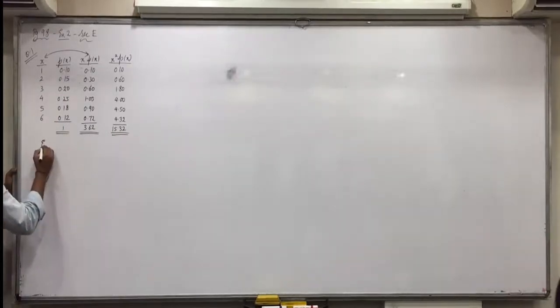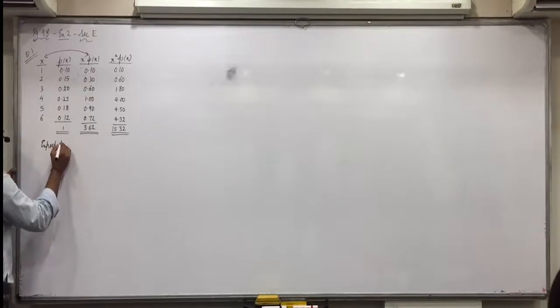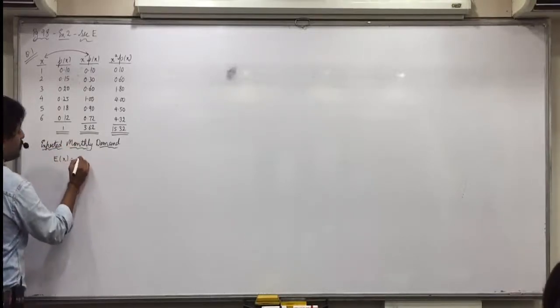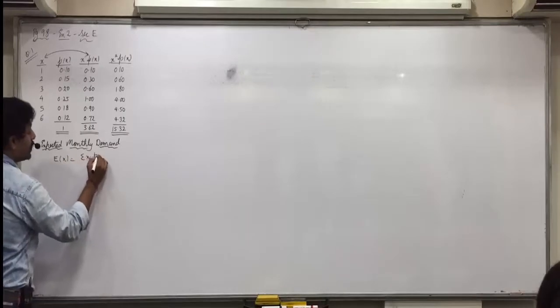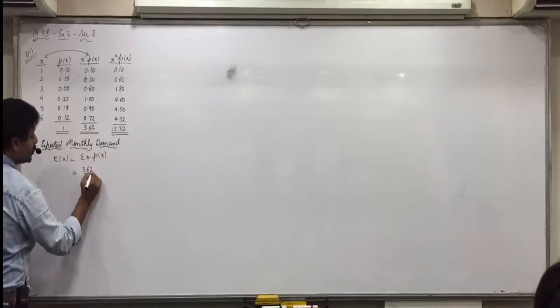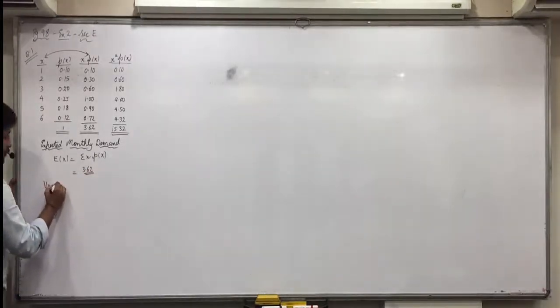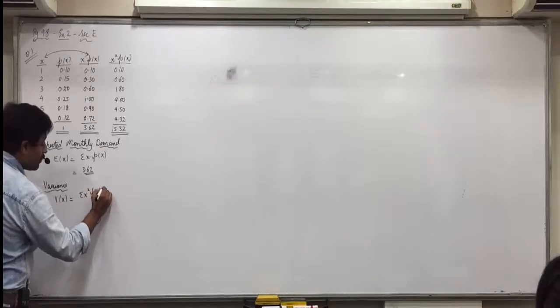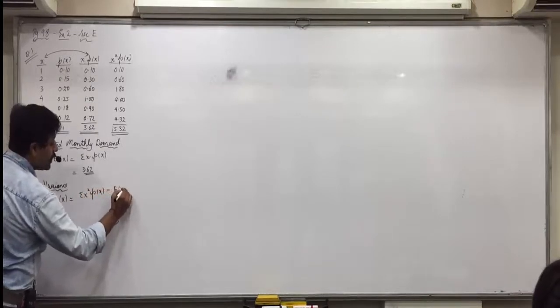Now first, expected monthly demand. Ex is equal to sigma x into px, that is 3.62. Then variance Vx is equal to sigma x square px minus Ex square.